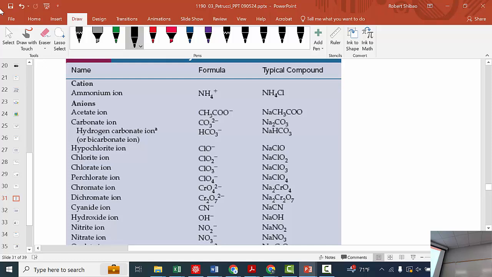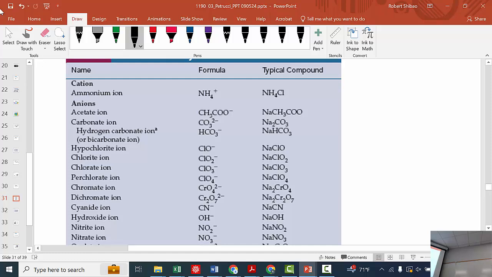Hypochlorite would make what acid? If we add an H, HClO, hypochlorous acid. Chlorite would make chlorous acid. Chlorate would make chloric acid. Perchlorate would make perchloric acid.